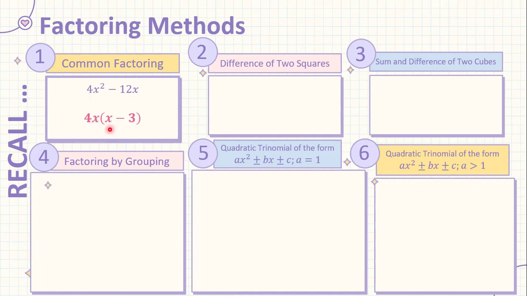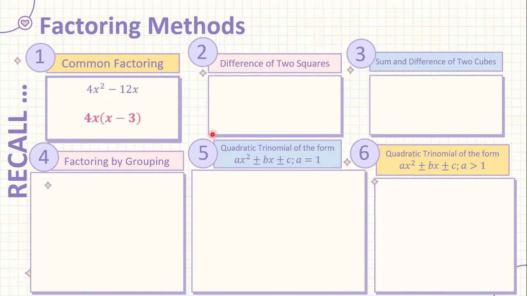Just x, right? Now, how about in negative 12x? If we have the common factor 4x, we divide that here. So negative 12x divided by 4x is just negative 3. That is how you do common factoring.